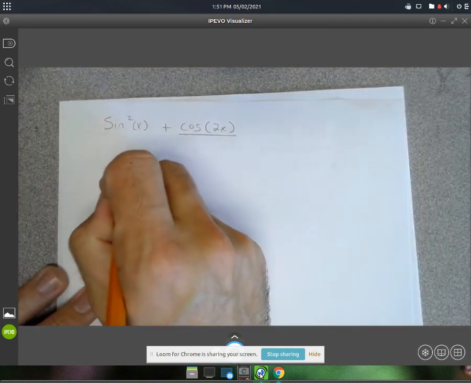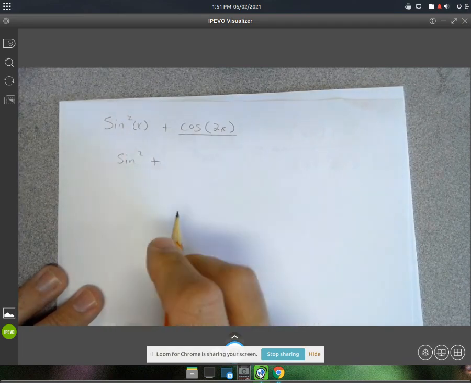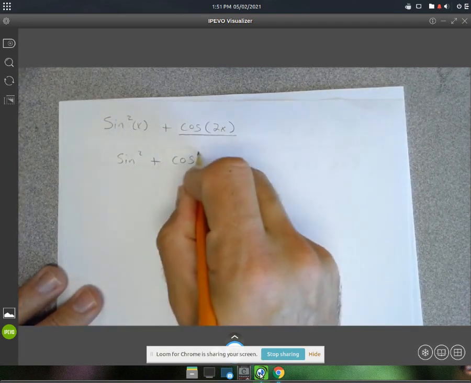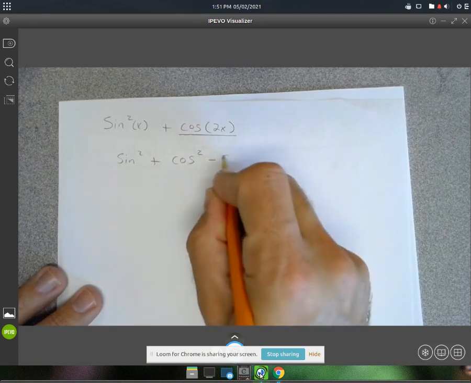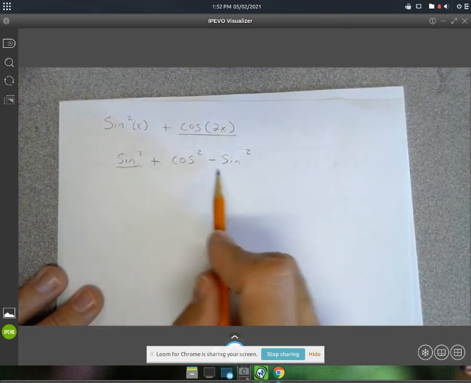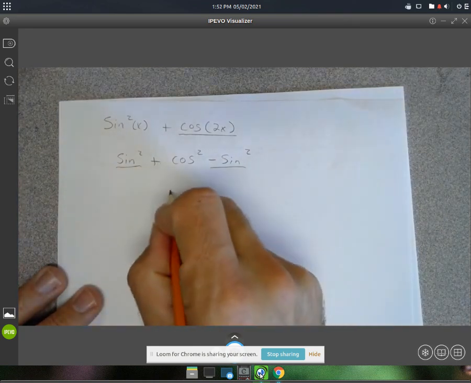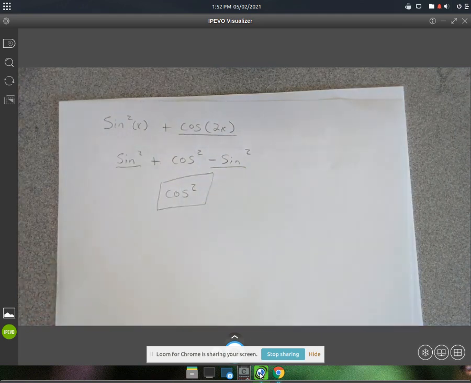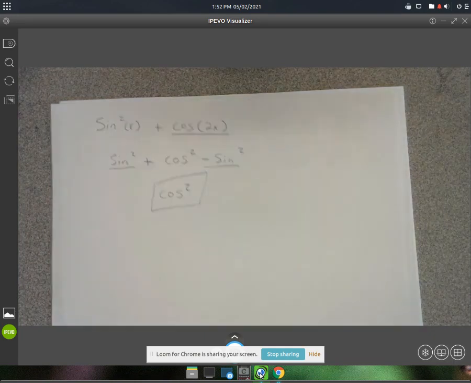So it's going to be sine squared plus, but instead of a cosine 2x, we'll say cosine squared minus sine squared. And then, of course, these two are going to cancel each other out, and so we're just left with cosine squared. All right, we'll do some equations in the next one and go from there.